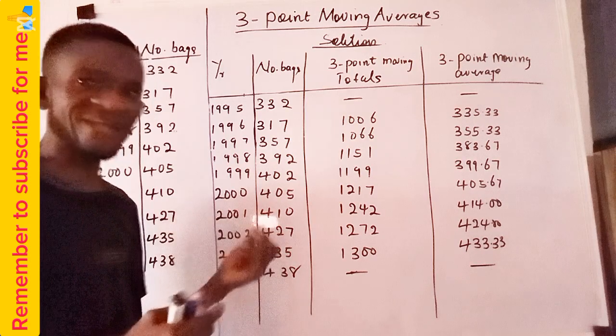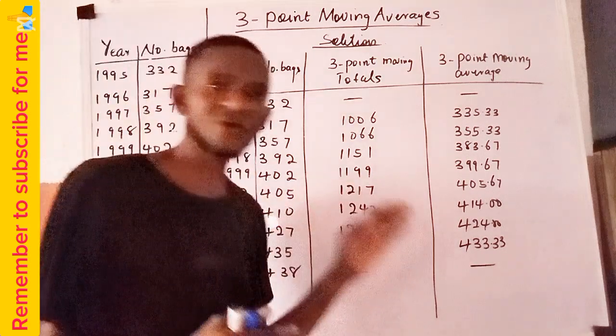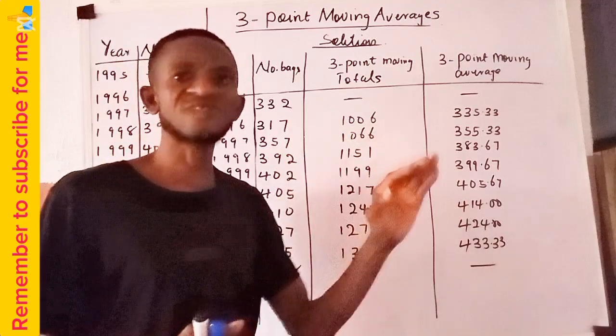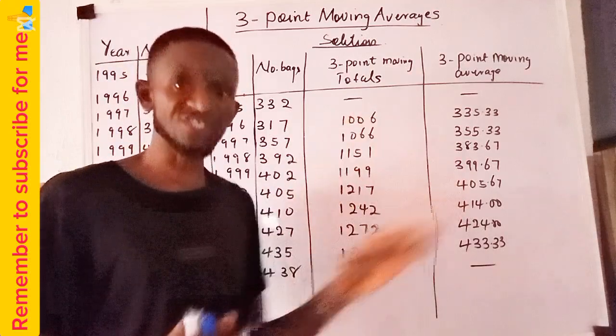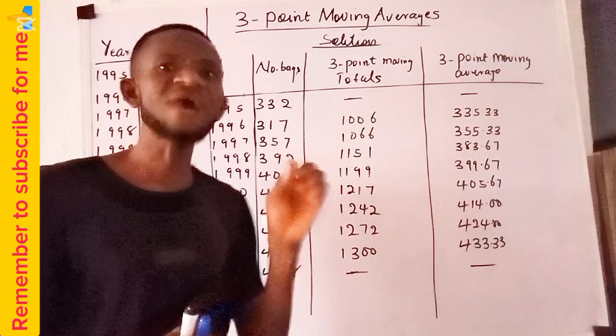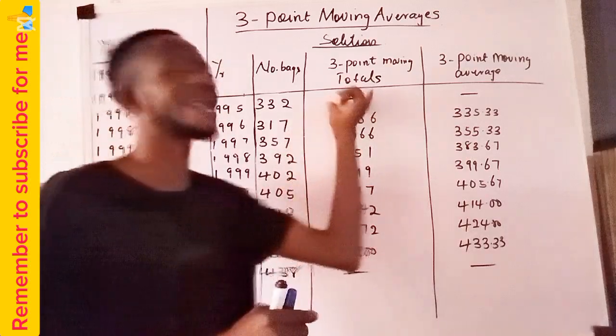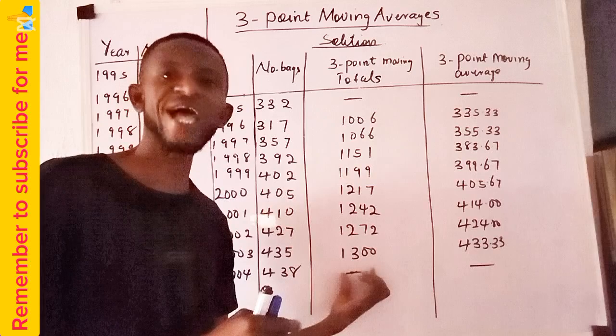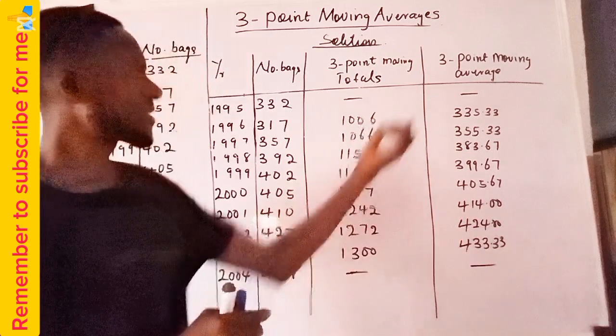But there are things that we want to point out here. When you compute your 3-point moving totals or 3-point moving averages, you find out that a data point is lost at the beginning, and equally a data point is lost at the end. The same thing applies here.